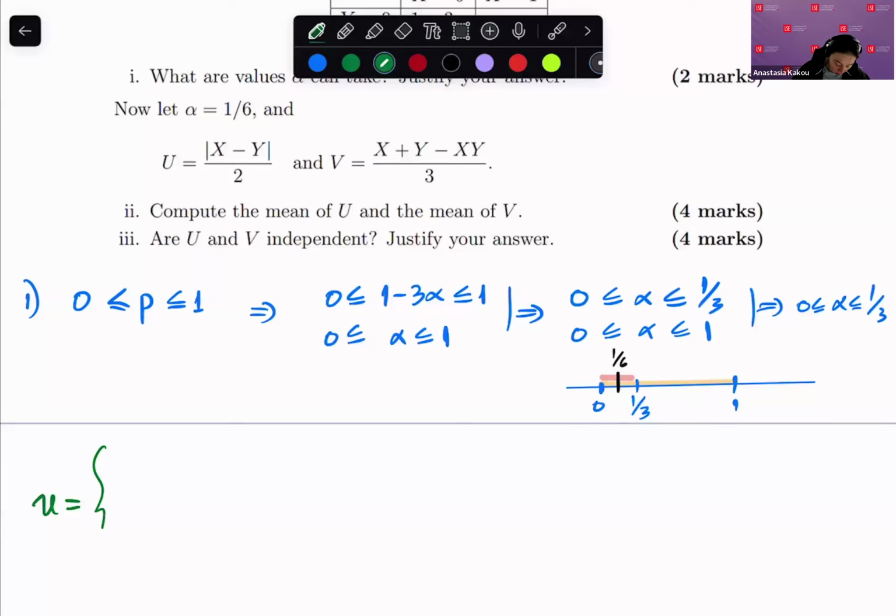The way to do it is to take every combination of X and Y. If you have 0 for X and 0 for Y, then U will be 0.